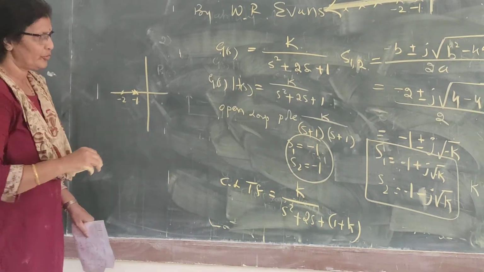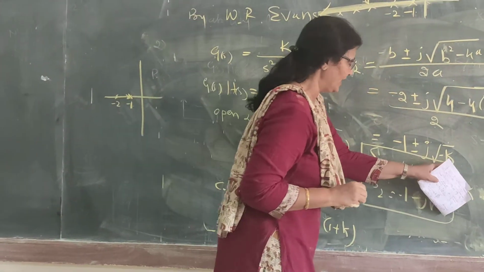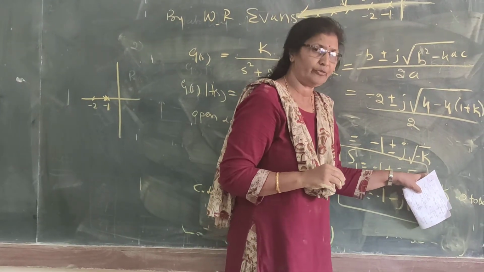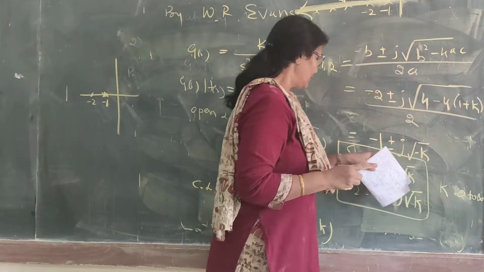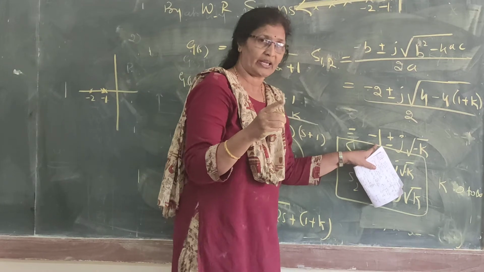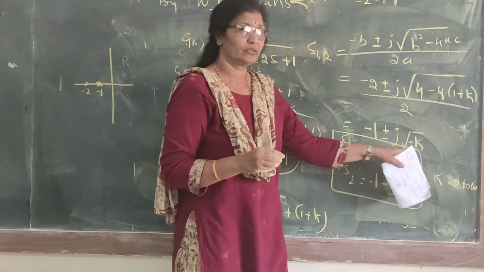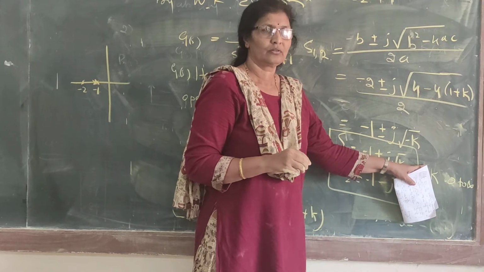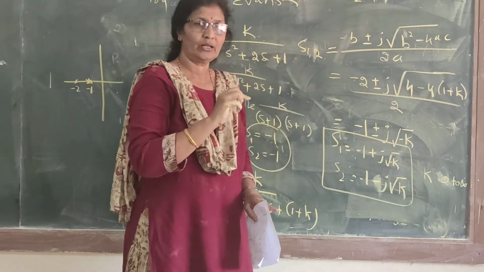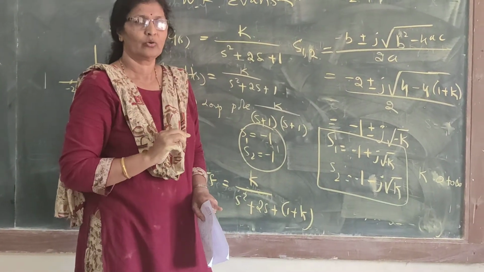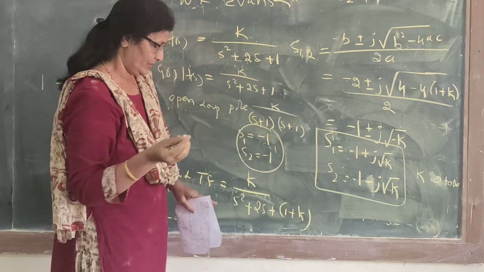I am going to vary the value of k from 0 to infinity. If you put k equal to 0, pole value will be minus 1. If you put k equal to 1, what will be the pole? Minus 1 plus j1, minus 1 minus j1.